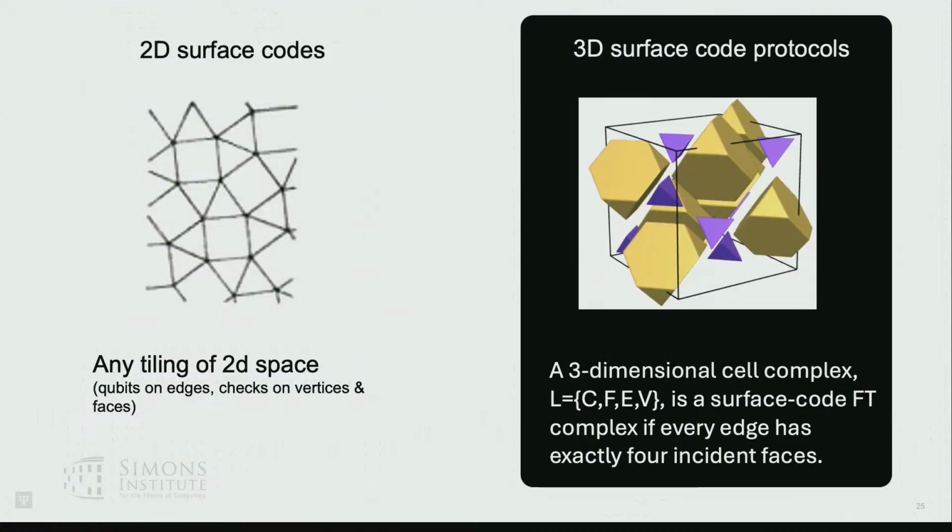And so this was the main result of this work: showing that if we have a 3-dimensional cell complex, then we can use that to define a whole family of these surface code protocols, really from basic operations. And the restriction is just that any 3D cell complex can represent surface code type fault tolerance if every edge has exactly 4 incident faces.